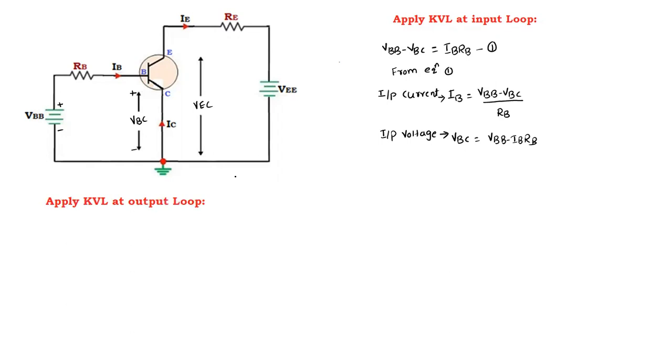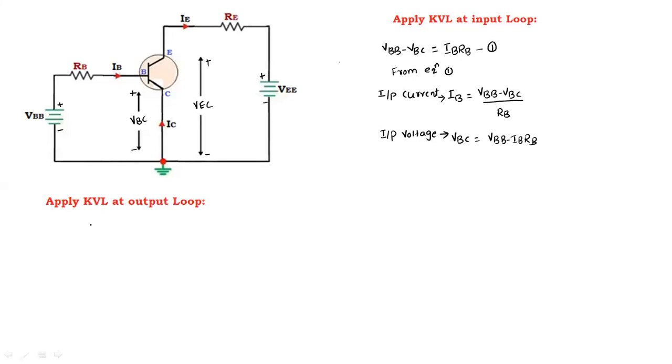If we apply the KVL at the output side, we will get the output current and the output voltage equation. In this, the emitter current is flowing in the clockwise direction. Here it is a plus terminal, a minus terminal, a plus terminal, and a minus terminal.